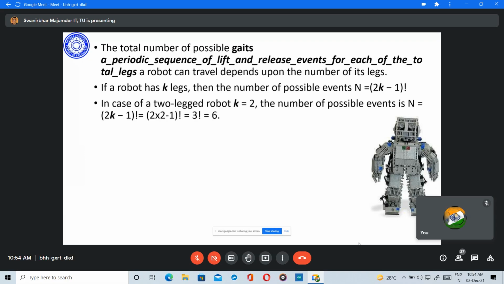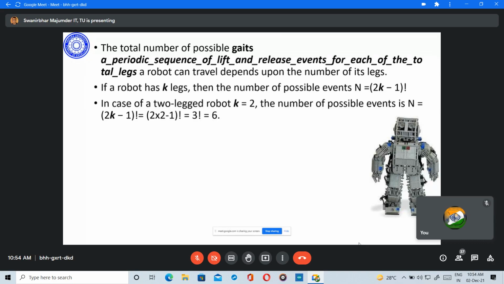So if you have a robot with k number of legs, the number of events that are possible is 2k minus 1, because at least one leg has to remain on the ground. Getting it? If you have 2 legs, at a time 1 leg is there to support the body. If you have more than 2 legs, obviously that will be there.